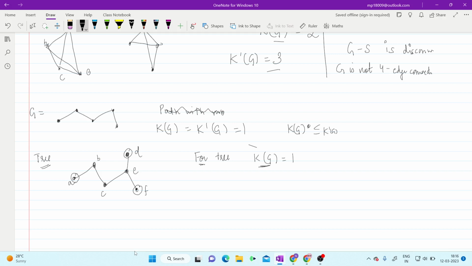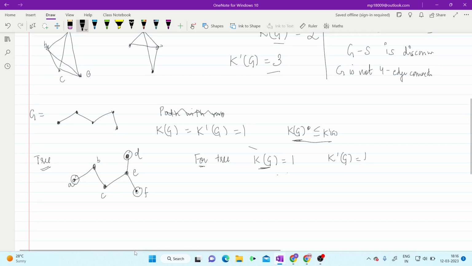And if vertex connectivity is 1, then edge connectivity will also be 1, because we have that vertex connectivity is less than or equal to edge connectivity. So for a tree, both vertex connectivity and edge connectivity will be 1. So we can conclude that a graph having a bridge will always have edge connectivity one.